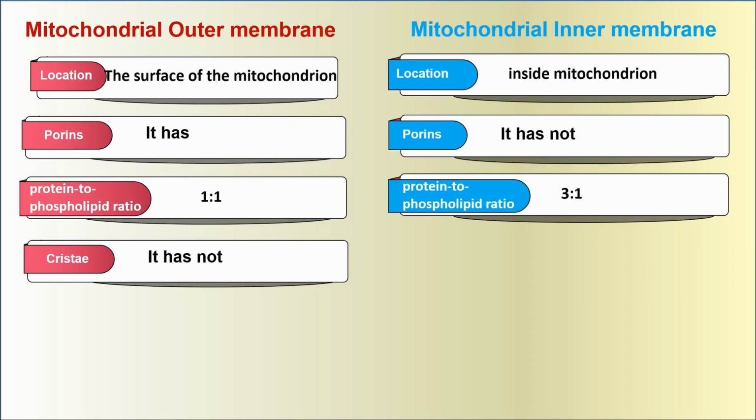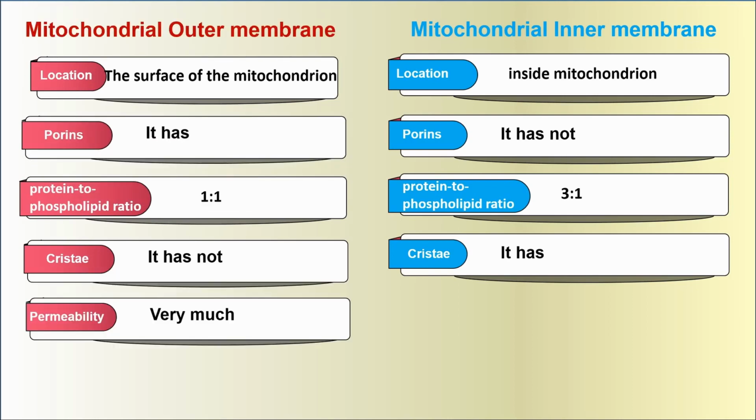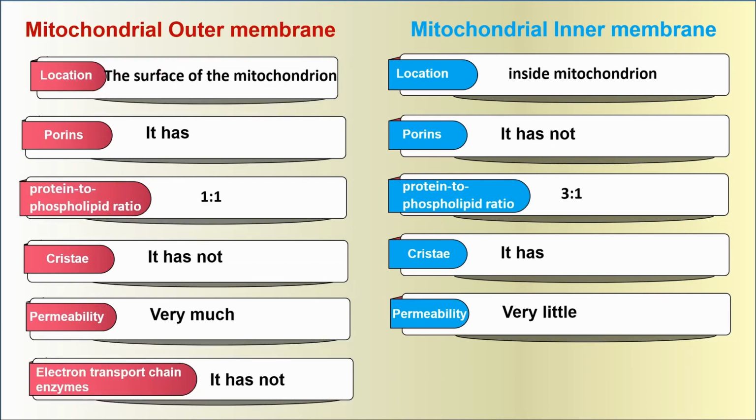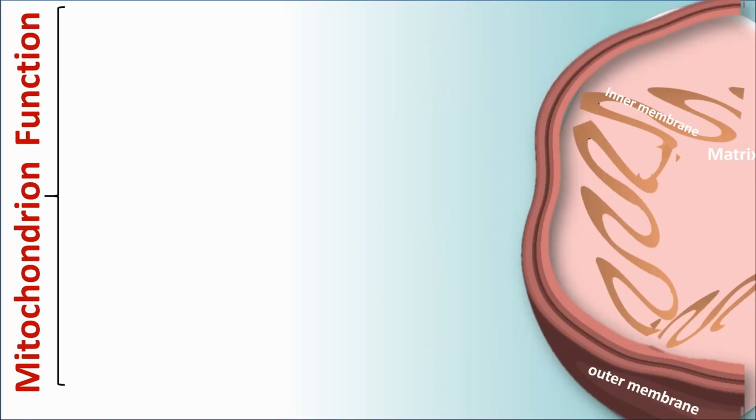Outer membrane has no cristae, but inner membrane has cristae. Outer membrane is very permeable, but inner membrane is permeable very little. And outer membrane has no electron transport chain enzymes, but inner membrane has electron transport chain enzymes.